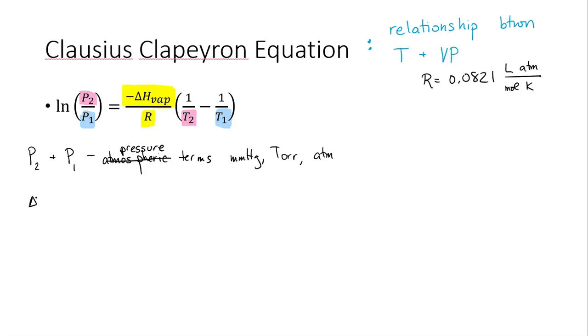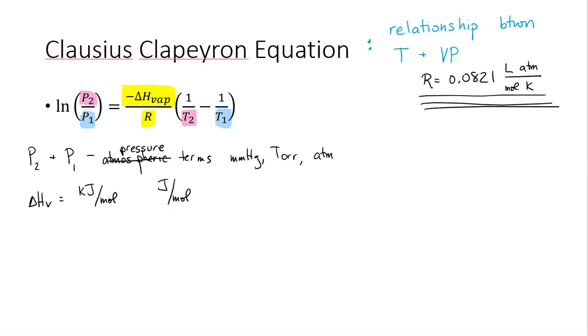Delta H of vaporization is almost assuredly going to be in terms of either kilojoules per mole or joules per mole. Now, the problem is if we look at our R, 0.0821 liter atmospheres per mole Kelvin, there's nothing in there about joules or kilojoules.